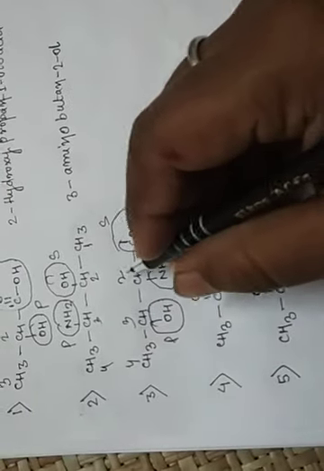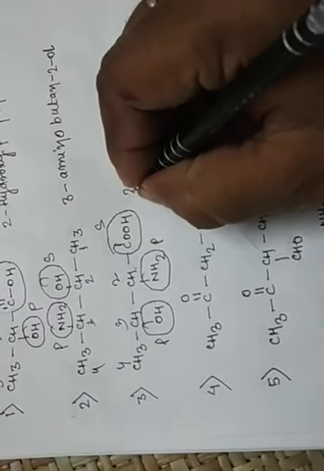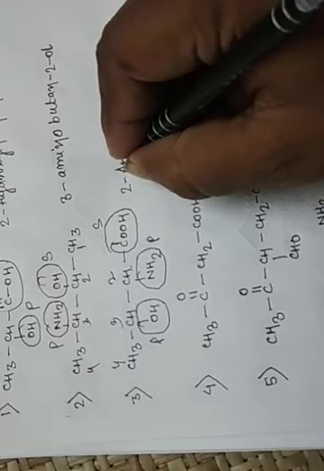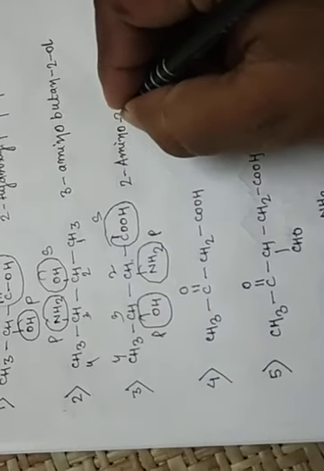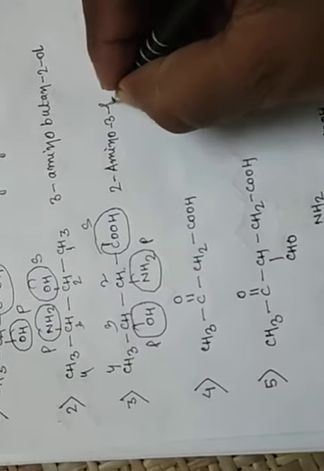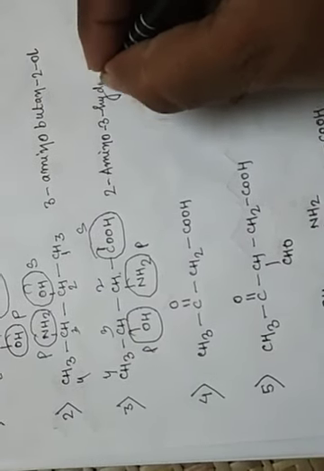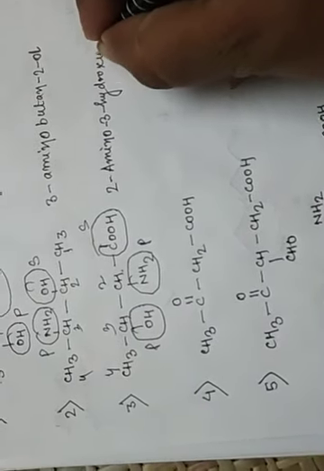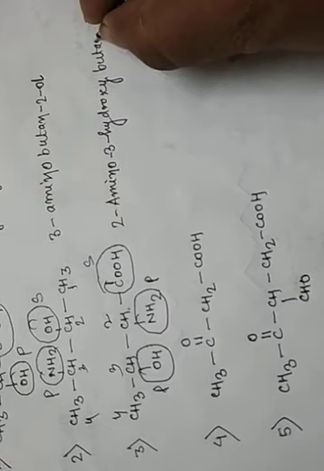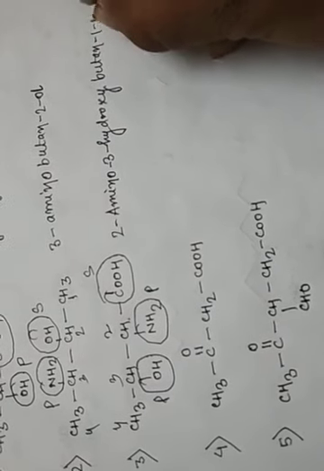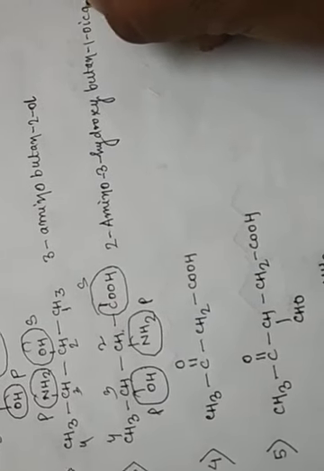So 2-amino, clear? And then 3-hydroxy. How many carbons are in the main chain? 4, so butane, and E is replaced by oic acid. So 1-oic acid. Clear?